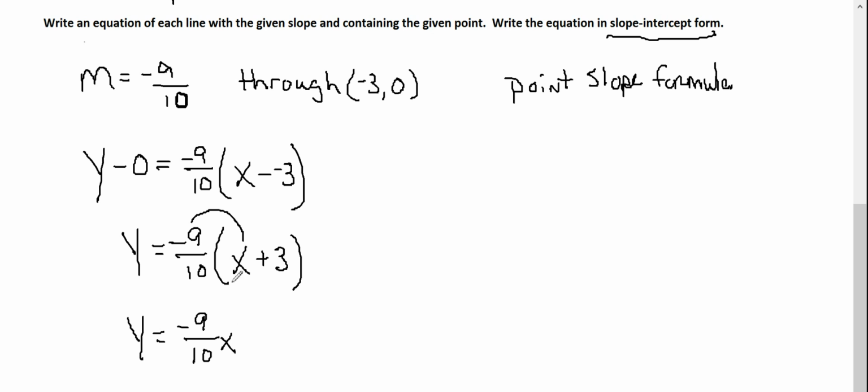Negative 9 over 10 times x is negative 9 over 10x. And now that's going to be negative, because a negative times a positive is a negative. 9 times 3 is 27. So I could say negative 9 times 3 is negative 27 over 10.